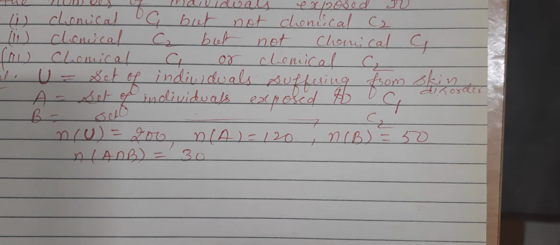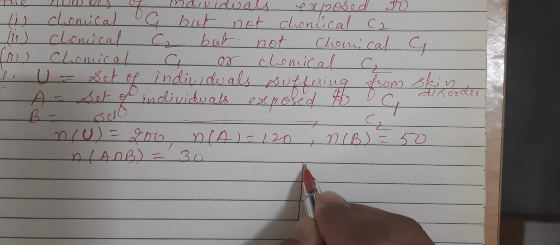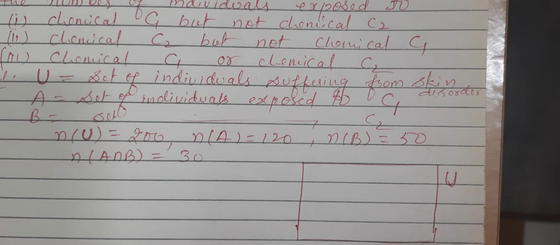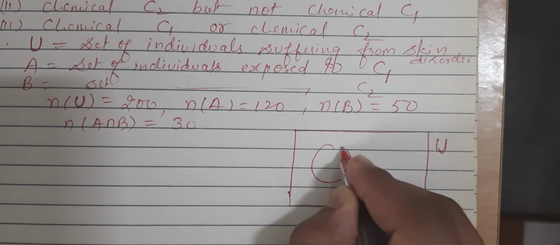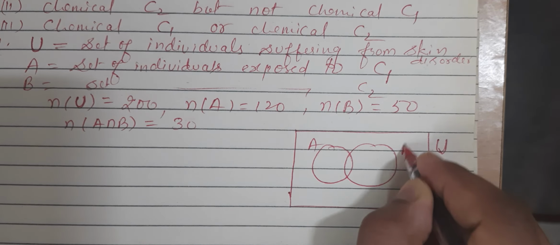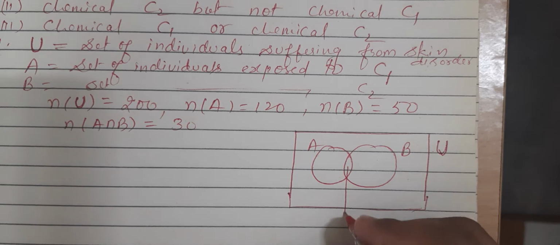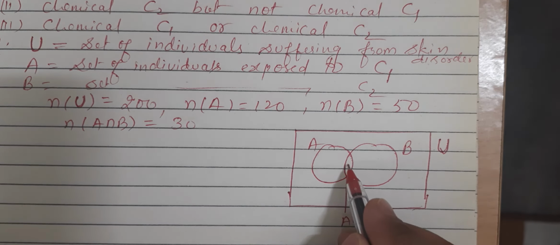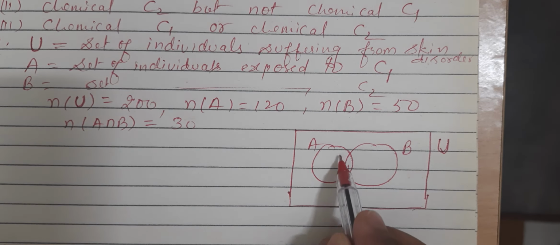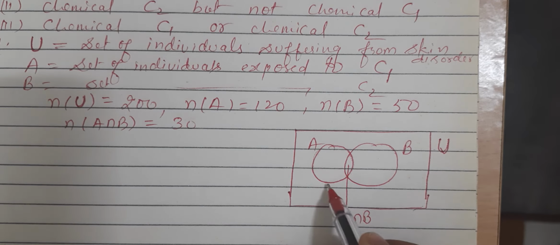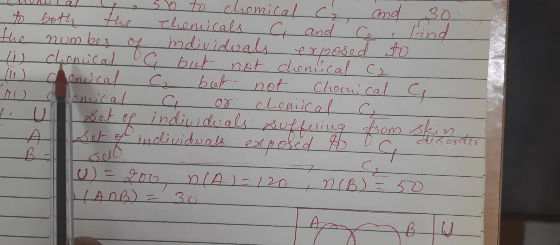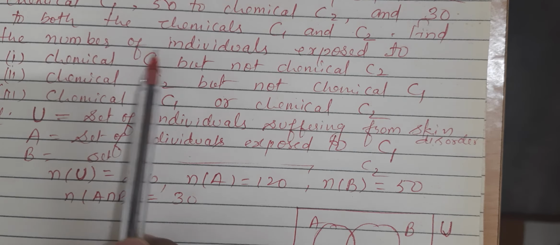Now, how will you represent these two sets using a Venn diagram? This is the universal set, and this is set A and set B, and this shows the common portion, the intersection. It is given as 30, and the whole set A is given as 120.